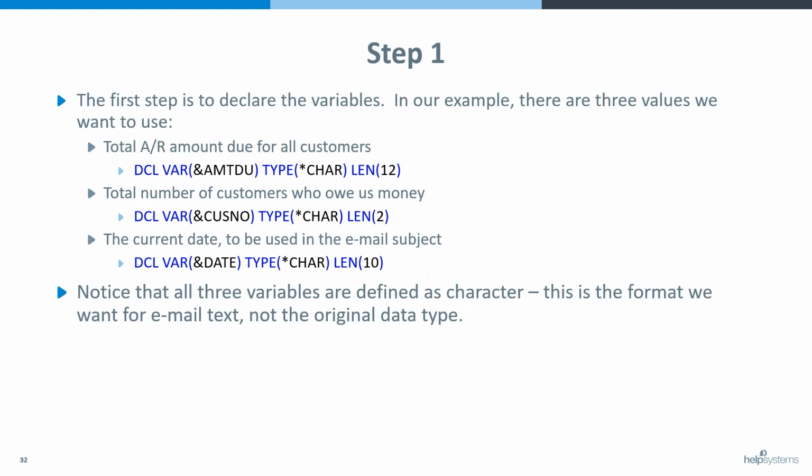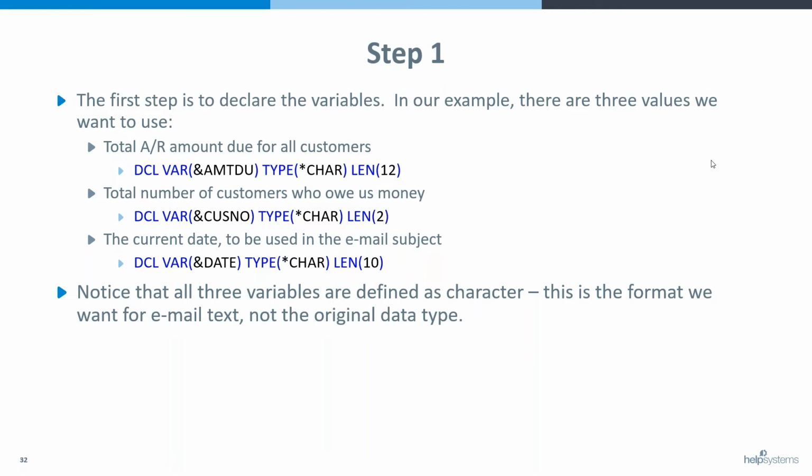So don't think about where the data is coming from. Think about what you want to do with the data. You want to generate a character string, and you want that string to be, for the first one, the amount due, 12 characters long. So we want a specific length, and we want to make sure that in this case it's a character type.